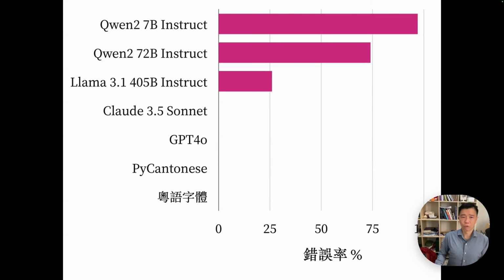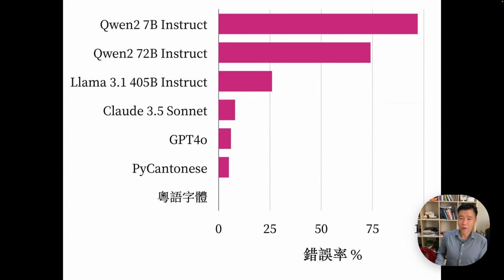When you get to closed source proprietary LLMs like Claude Sonnet, GPT-4o, they do somewhat better at 6 to 8% kind of error rate. What that means is every sentence you have something wrong. I think that is quite unacceptable. What is funny is that you jump through all of these LLM hoops, and you actually can do a little bit better with PyCantonese, which is a rule-based system that just matches a dictionary.